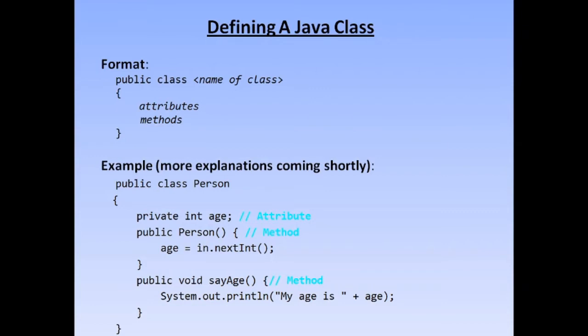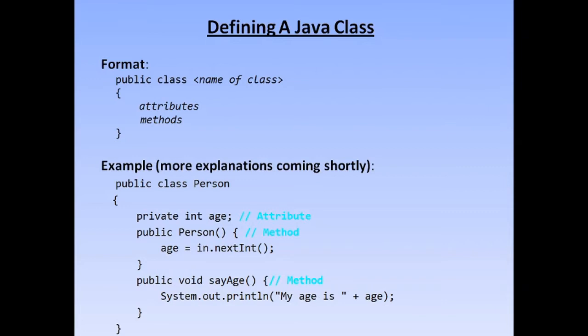Now, for defining a class in Java, there can be attributes or methods inside a class. Here you can see the example of a person class that has age defined to be integer and private. Public, and protected are the scopes. I will deal with it in the next lecture.